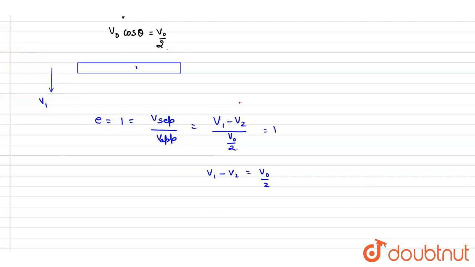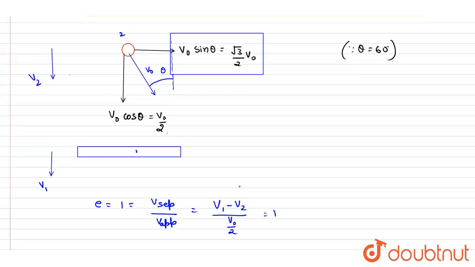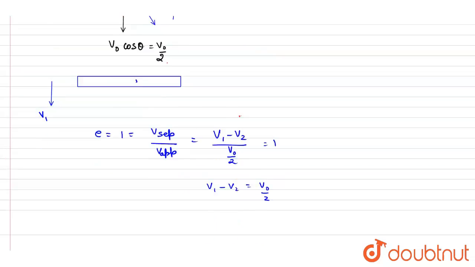Now if you see, the momentum will also remain conserved because there is no external impulsive force in vertical direction. After the collision, they have v1 and v2 in downward direction. Before the collision, the particle was having mass m and velocity v0 by 2 in downward direction.